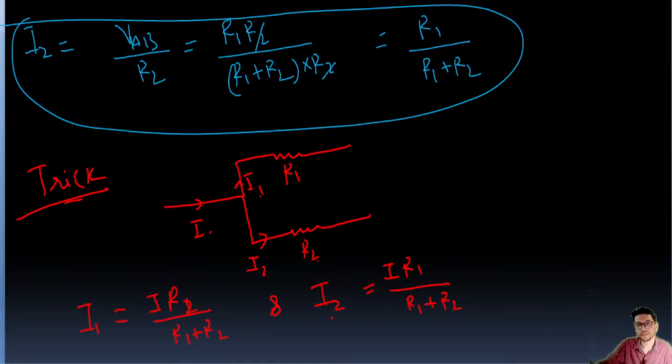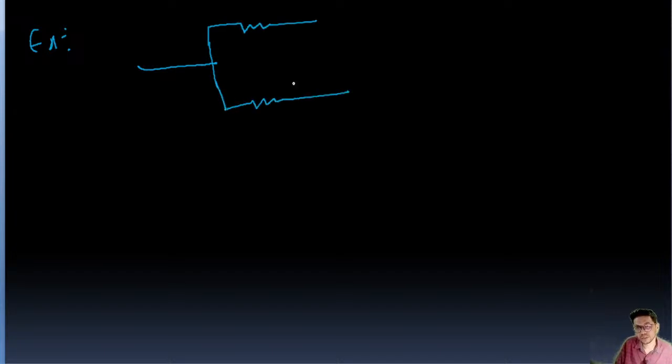I'll give one example. Suppose we have I that is 10 ampere. R1 is 5 ohm, and R2 is 15 ohm. Now this is I2 and this is I1.